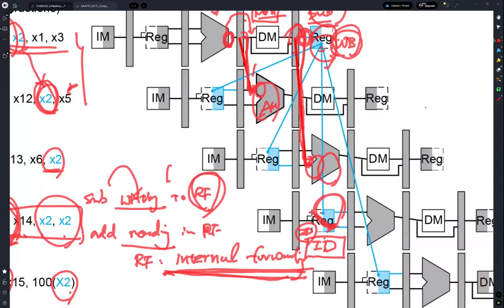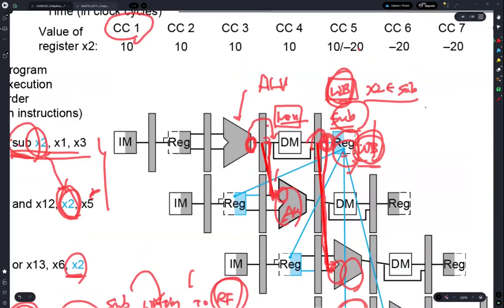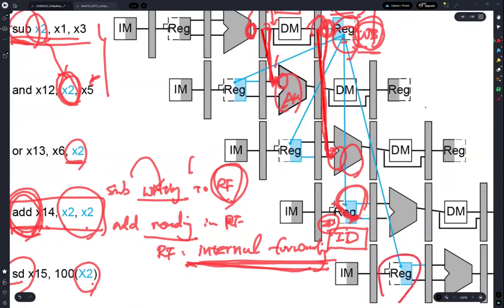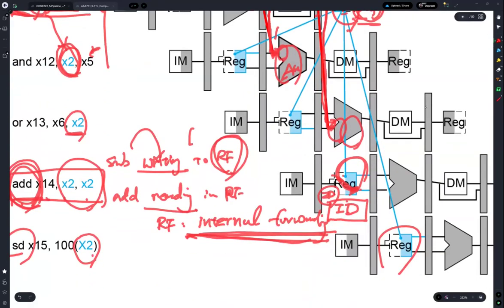So sub instruction is in the write back at clock cycle 5, and then store instruction tries to read data at clock cycle 6. So we can just read the data from the register file, right? So forwarding is not required for this case.